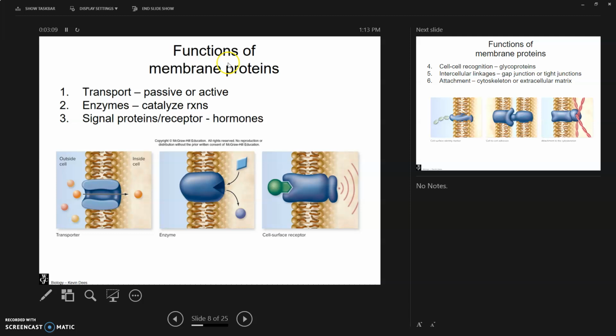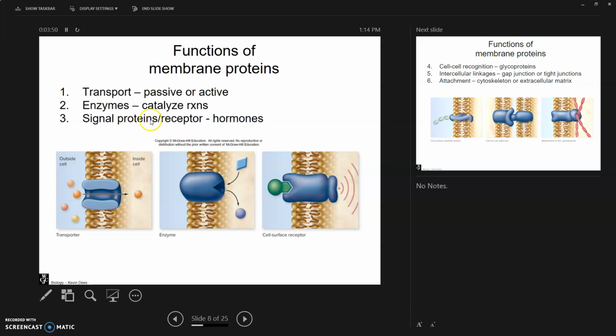So if we look at the various functions of these membrane proteins, obviously some of these integral proteins serve to allow materials to move from the extracellular space on the outside to the inside of the cell cytoplasm. And so we call these transport proteins. And we'll see in just a little bit that this transport may either be passive or active, active meaning that it's going to require cellular energy, usually in the form of ATP. Some proteins are enzyme proteins, and if we look at this particular protein here, we can see there is a space for a substrate to bind, and we'll talk about enzymes heavily in the next chapter.